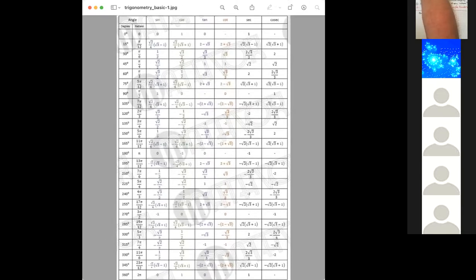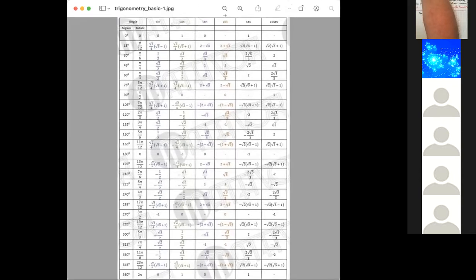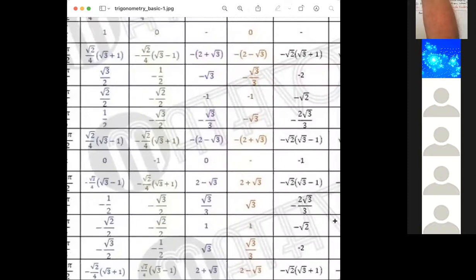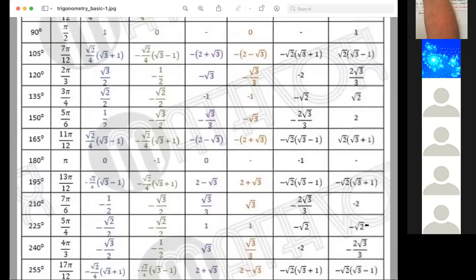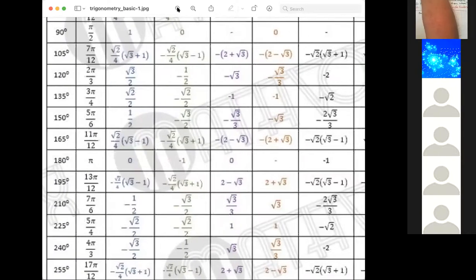Let me see if I can make this larger. What Austin's found here is a little more filled in than one of the sheets I gave you. Let me blow it up again.